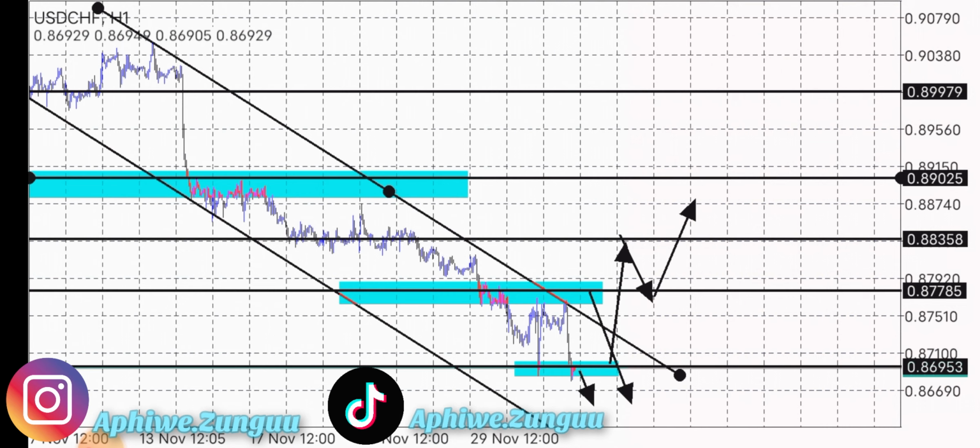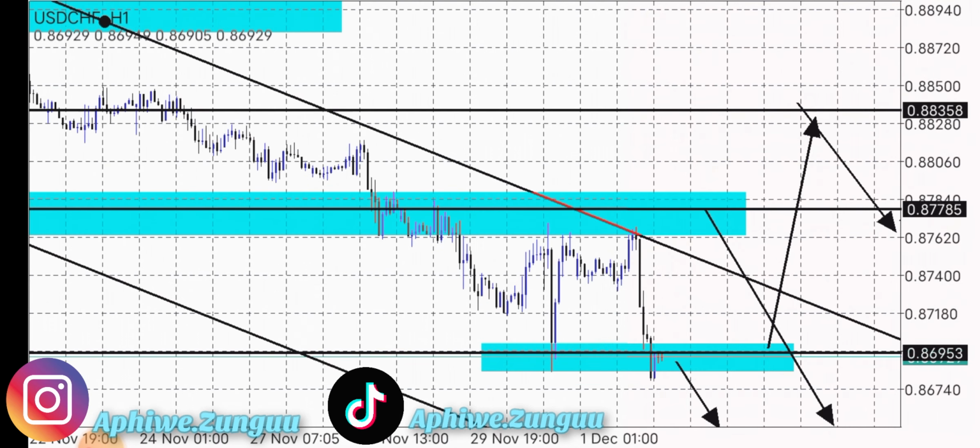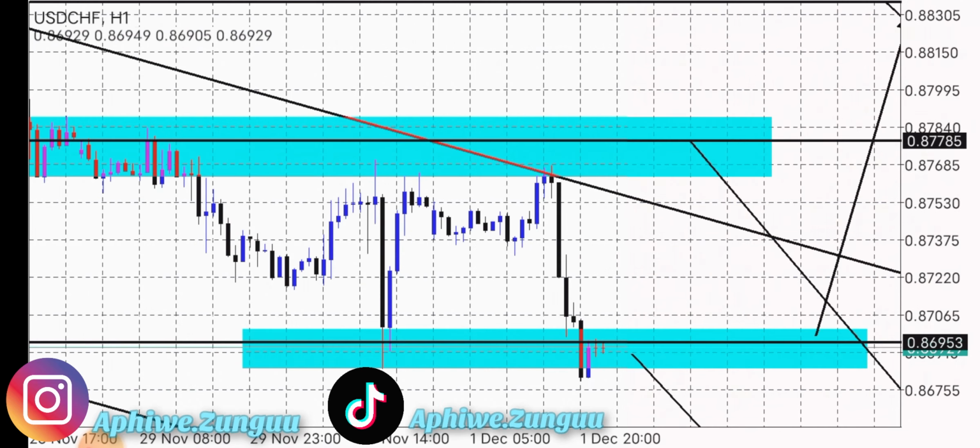So I don't trade what I feel, I trade what I see. I told you that every time the market breaks a low and then comes back to retest, that's a confirmation of taking a sell.